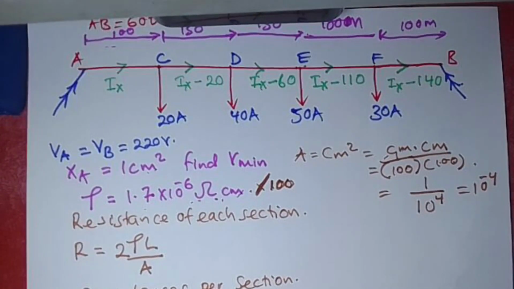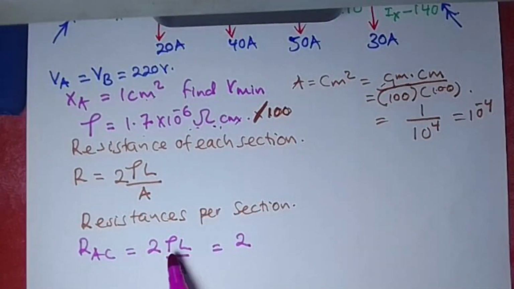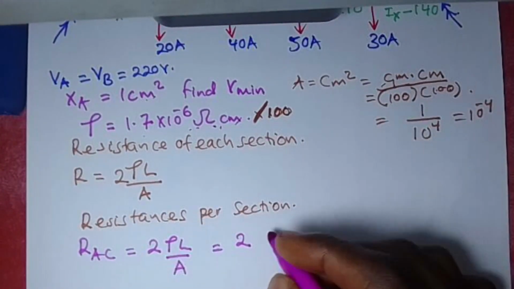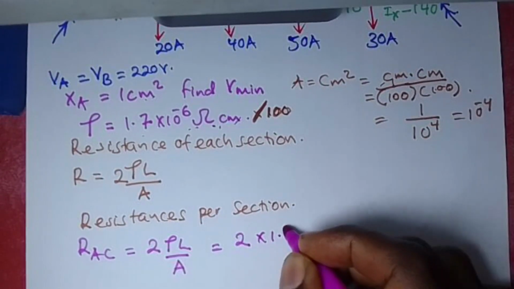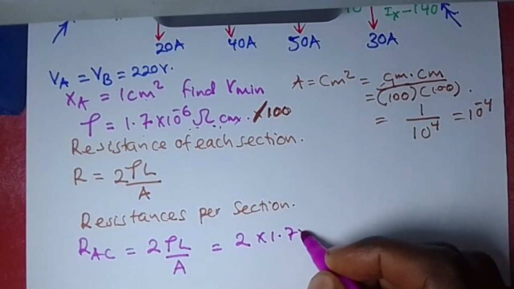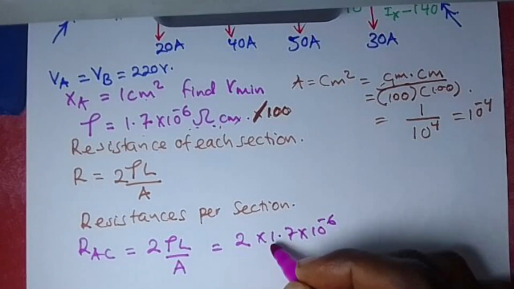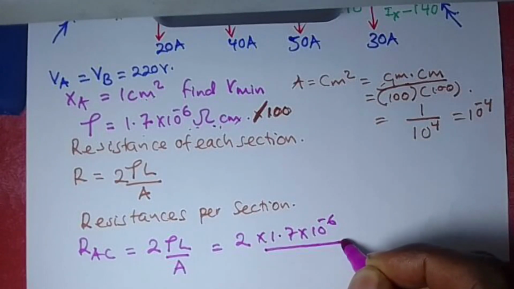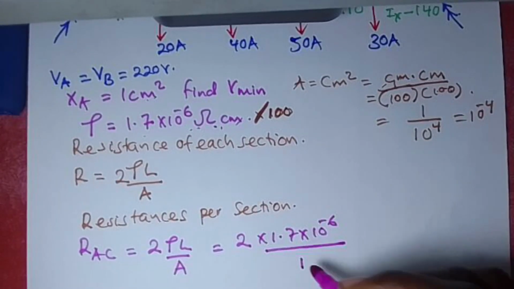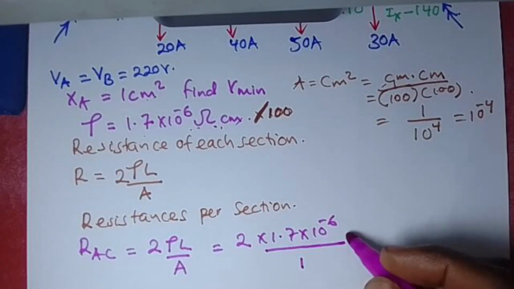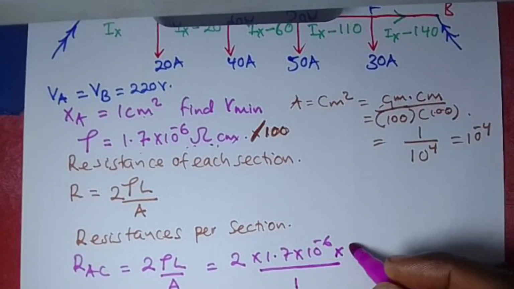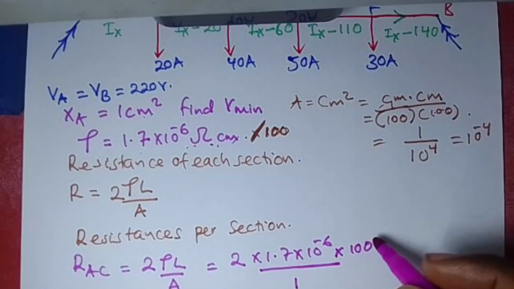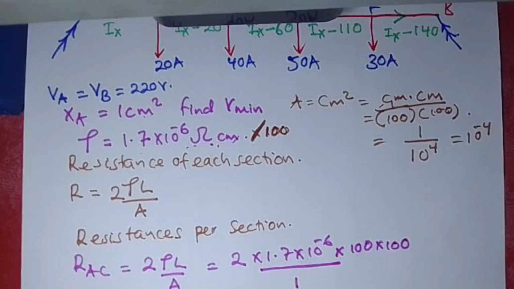So it will be 2 times the resistivity, which is 1.7 exponent negative 6, divided by the area, which is 1 square centimeter, times my distance is 100 meters, but each meter contains 100 centimeters, so it will be times 100 times 100.